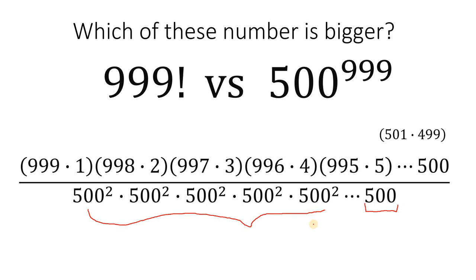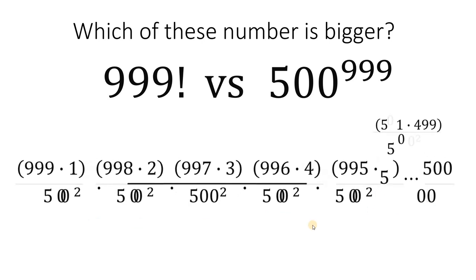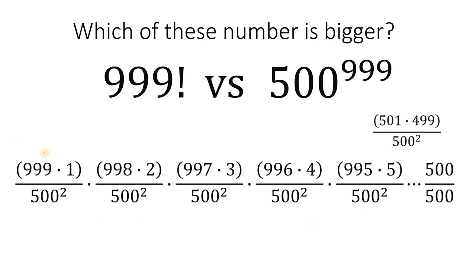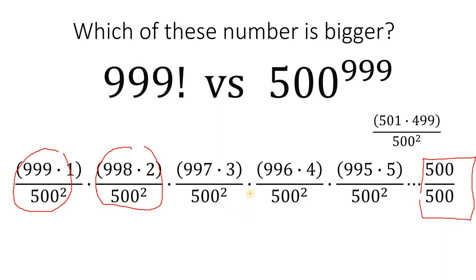So we're going to group them again, like this. We have 999 times 1 over 500 raised to 2, times 998 times 2 over 500 raised to 2, all the way down to 501 times 499 over 500 raised to 2, and multiplied by this 500 over 500, which is equal to 1.